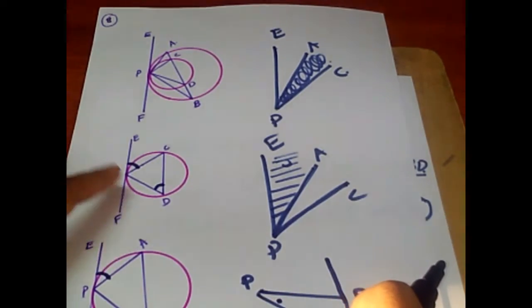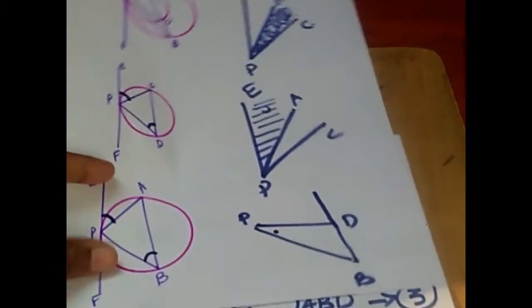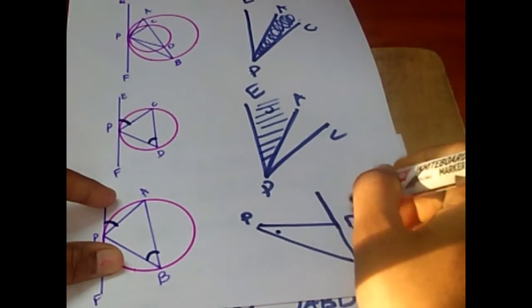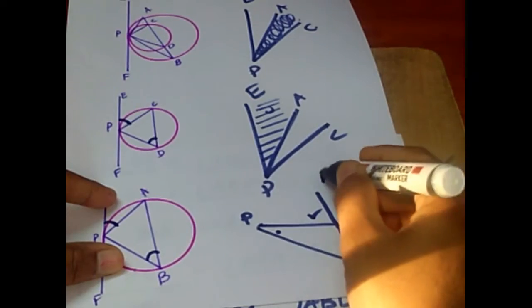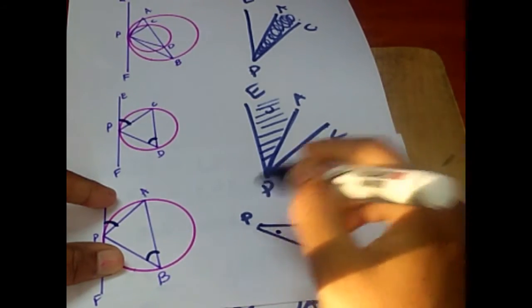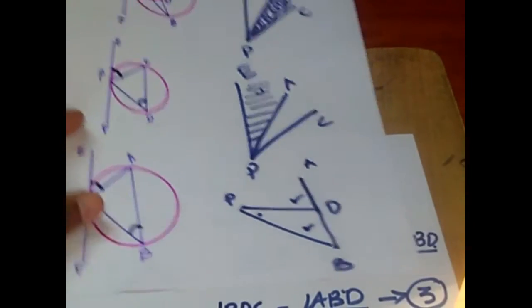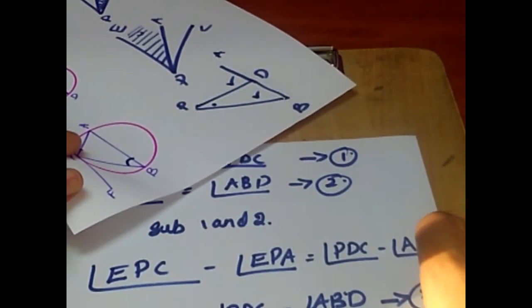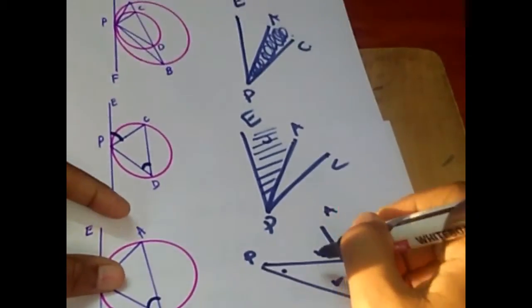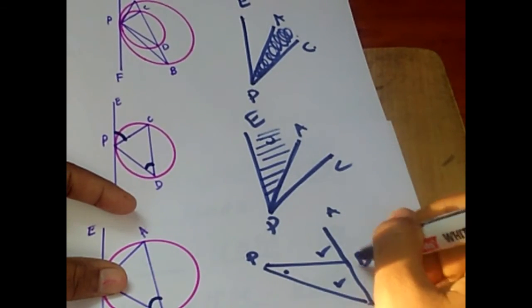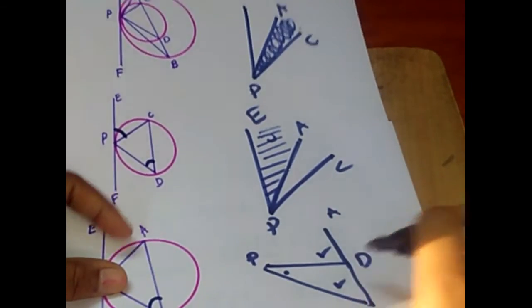But instead of that, I have angle PDC, this angle, and angle ABP, this angle. I have these two angles. So what to do with this? Is it possible to write angle DPB in terms of these two?